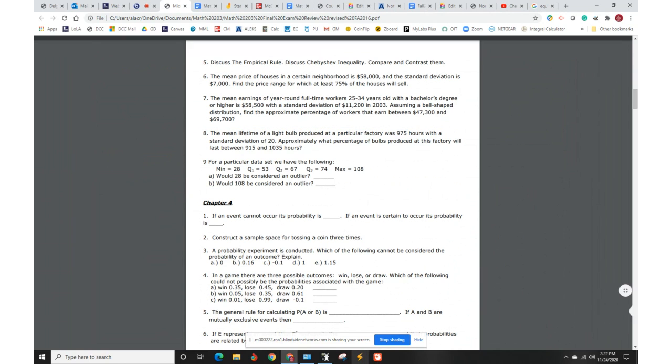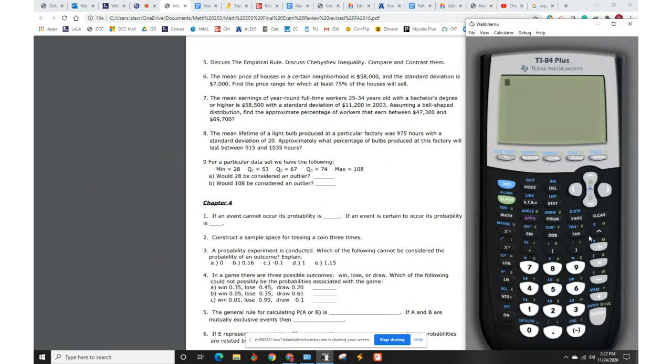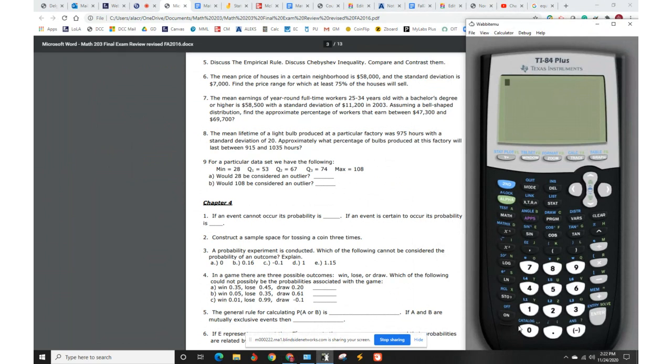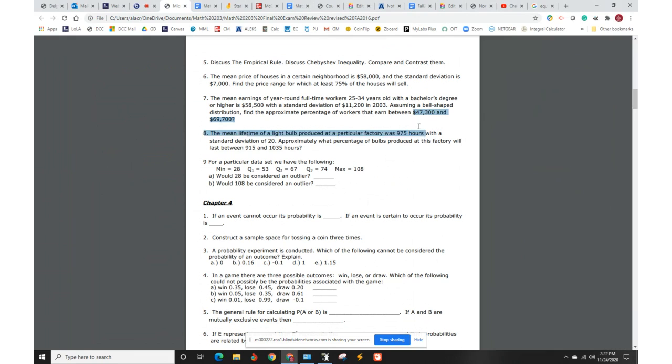I would almost guess that that's one standard deviation. Let's see, it might not be right, but let's see. Yeah, 47. So that's just one standard deviation down. So the percentage of workers between these two values is 68 and 95%.